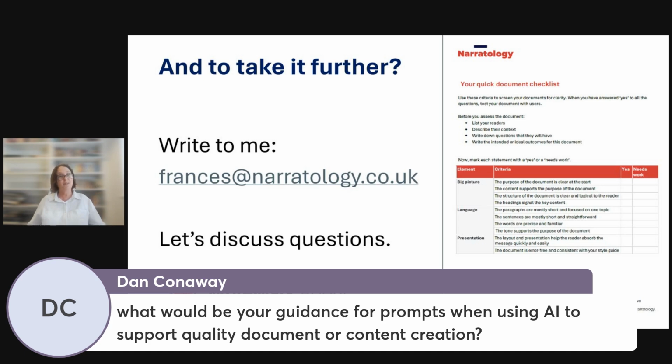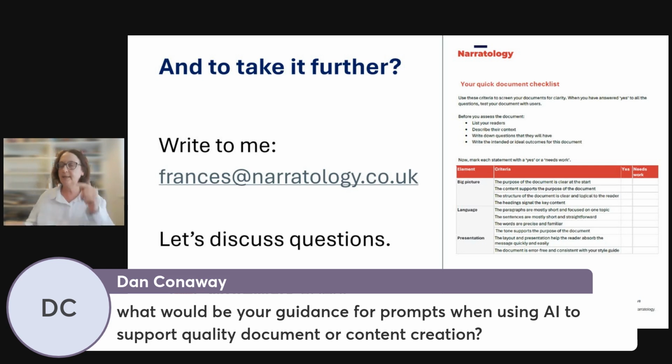Use active voice, not passive voice. Use a descriptive heading for every paragraph. Use sentence case, not title case. You can give these specific prompts, and then your output will be a lot better than if you just say something like, make this more readable.